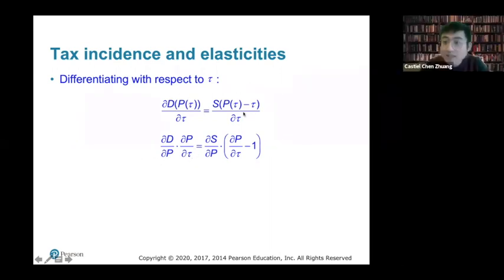And for the right-hand side, it's slightly complicated because inside the parentheses is P minus tau. But you should know that tau is part of the price. Tau is actually also a price, right? So when you take derivative of S with respect to the function inside, it's equivalent to taking the derivative with respect to just the P. Okay, I actually use an example to show you why this is the case.